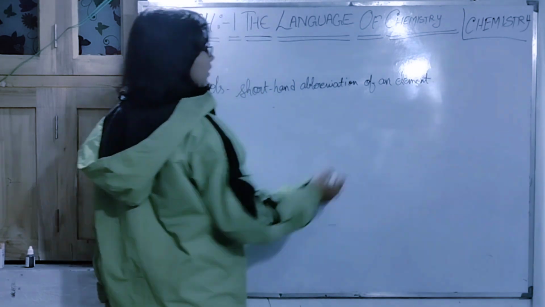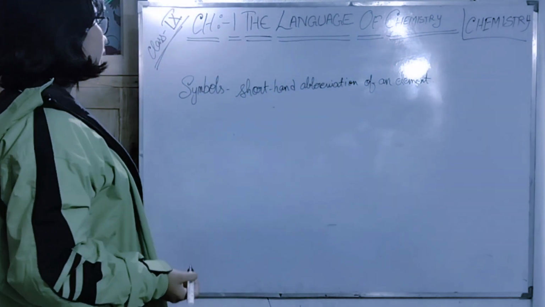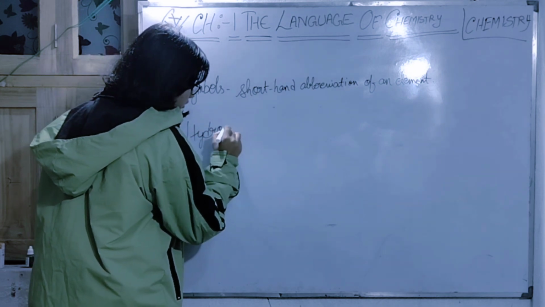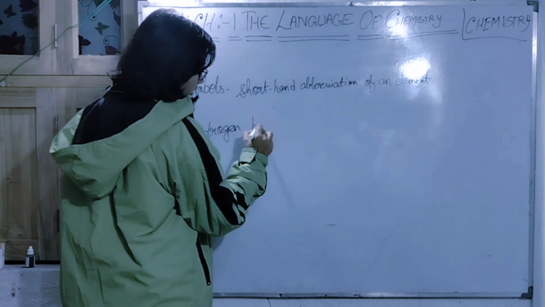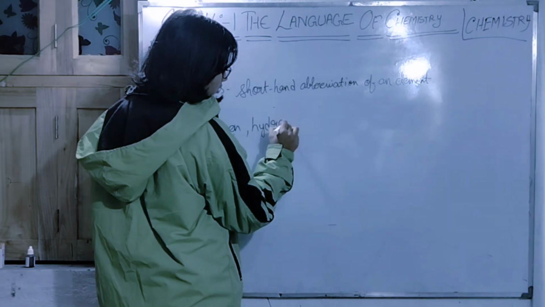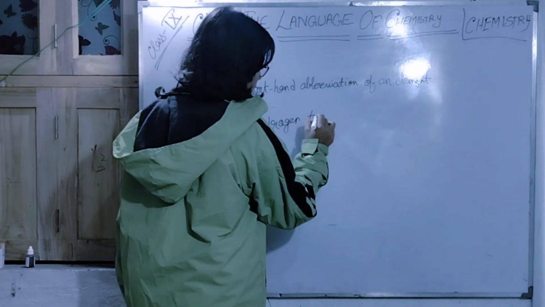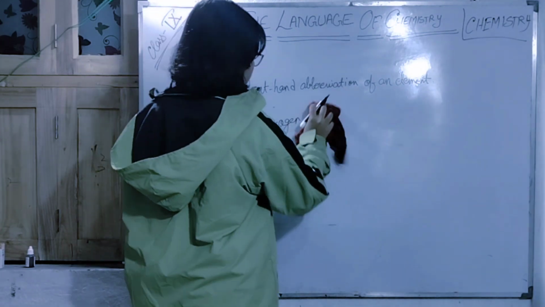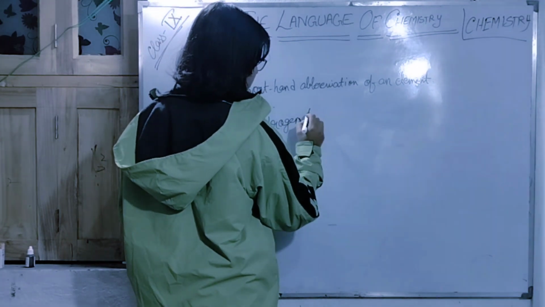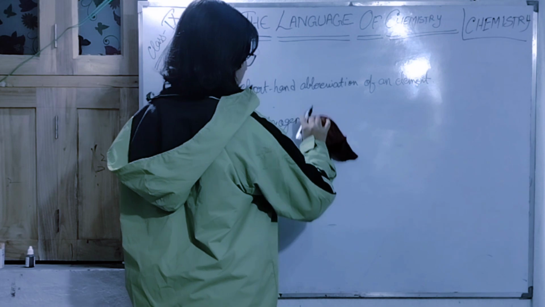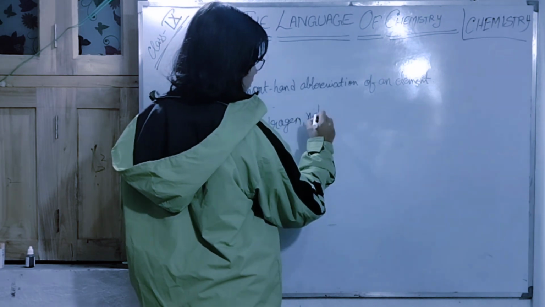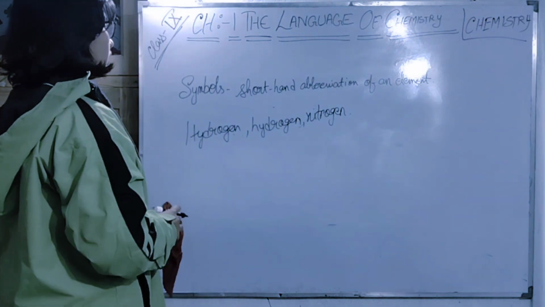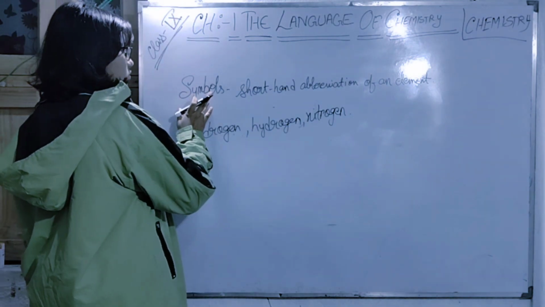Like suppose you're writing something, and every time you have to write hydrogen, and again hydrogen, then nitrogen. It consumes a lot of time. But what do symbols do?